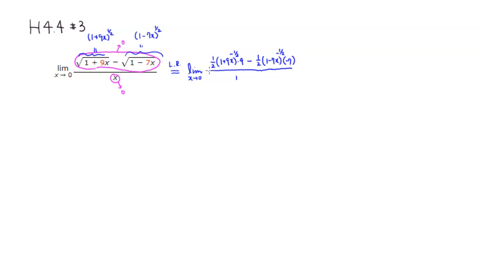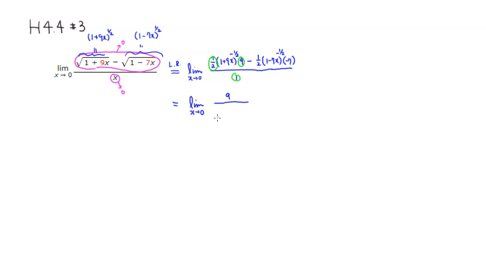Then I'm going to rewrite it a little bit here to clean up. The denominator, 1, really doesn't do anything, so I'm going to ignore that. First we have a 9, so I'm going to put 9 on top, and then we have a 2 on the bottom.